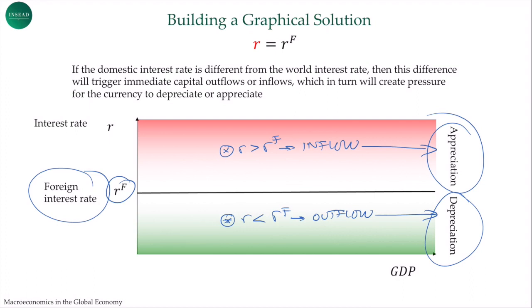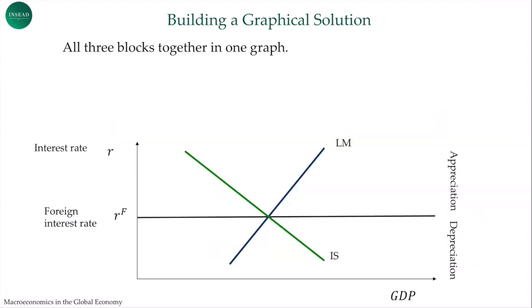Let's put the three blocks together to see what's going to happen. We have three lines. If they intersect at the same interest rate and the same level of GDP, that's what we're going to call an equilibrium. Now, what is it that we're going to do? We're going to think about changes in the environment. Something is going to happen, an exogenous event, a change in policy. That is going to shift one of the three curves.